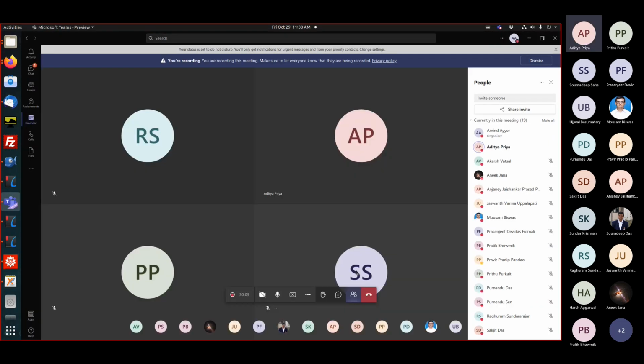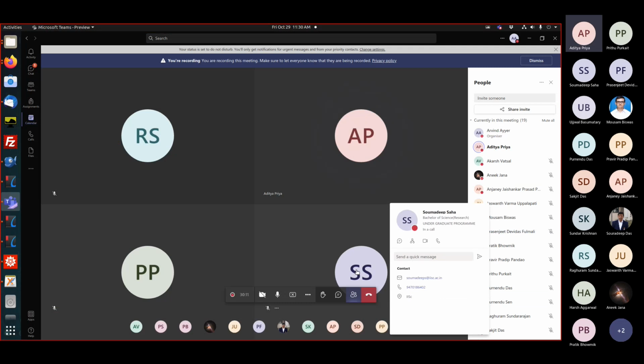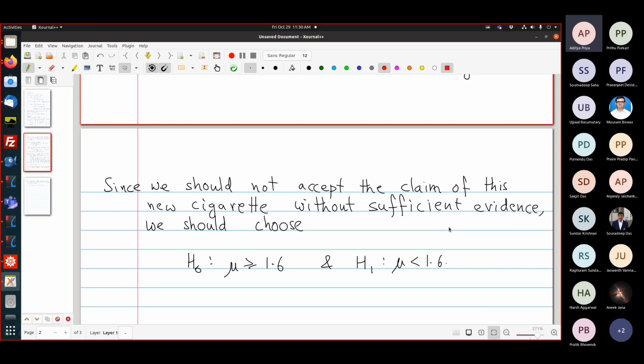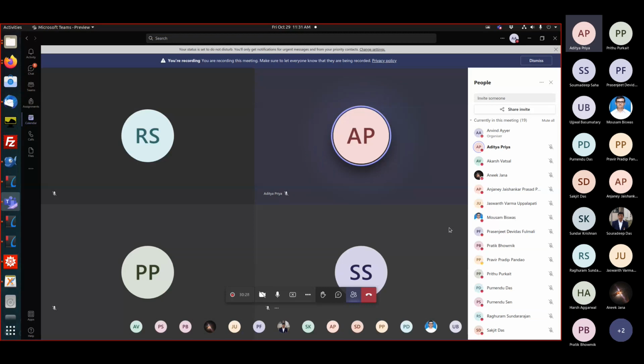So just to clarify, using this different null hypothesis, we are increasing the chance that even if the cigarette company is telling the truth, they will be rejected, but that's done in the public interest. Yes, exactly. As Raghuram pointed out, these are non-mathematical considerations, but these are considerations from reality.